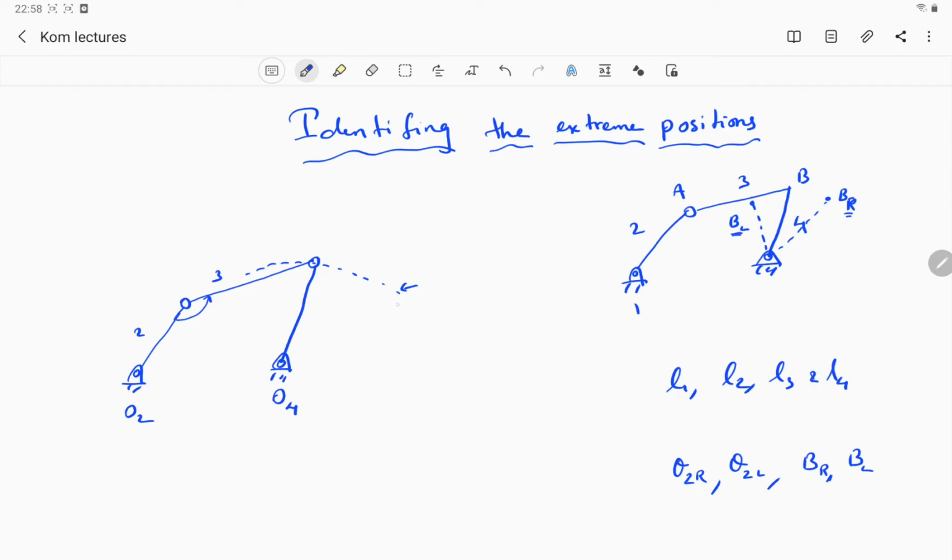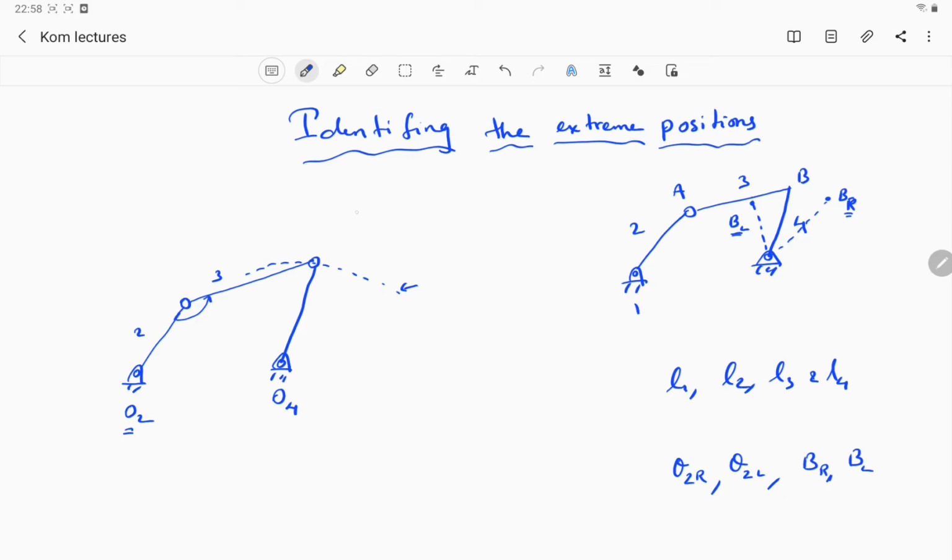In order to identify the position BR, I have to draw a circular arc with O2 as the center, and the radius is going to be L2 plus L3.